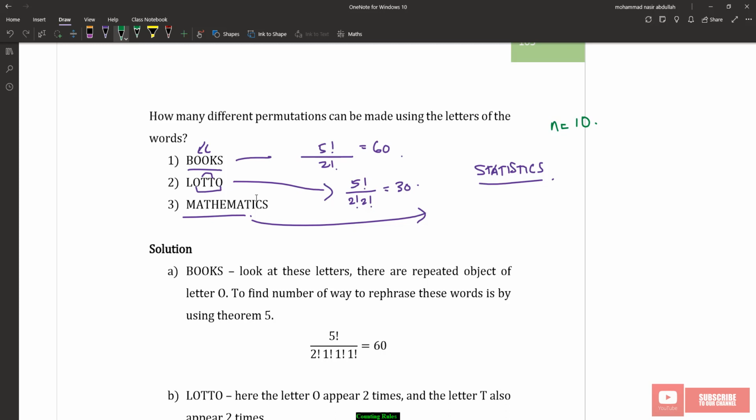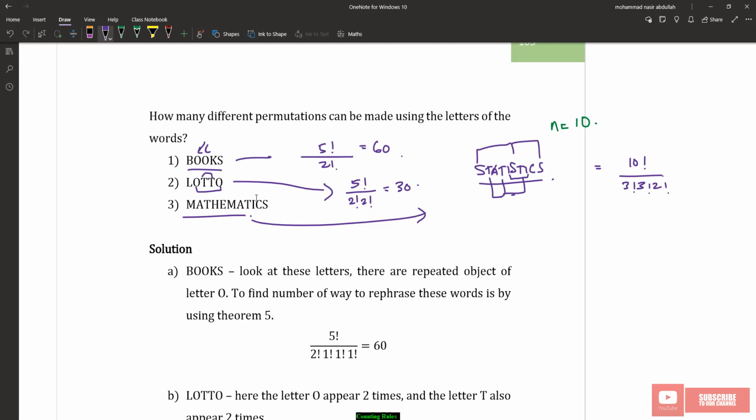To find the number of different permutations that can be made with the word statistics, it is 10 factorial divided by, as we have S with 3 factorial, A only has 1, T we have 1, 2, 3, so 3 factorial, I we have 2 factorial.